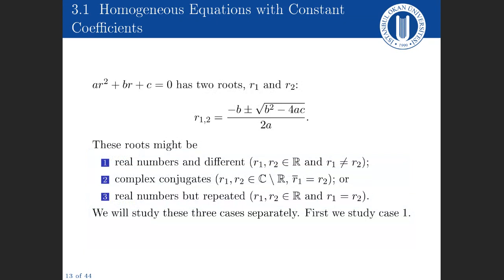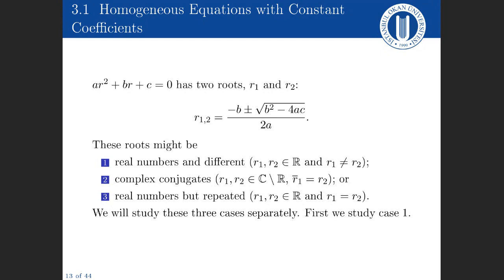Now, the characteristic equation, ar squared plus br plus c equals 0, has 2 roots, which I'm going to call r1 and r2. And these are given by the formula minus b plus or minus square root of b squared minus 4ac over 2a. There's 3 possibilities here.